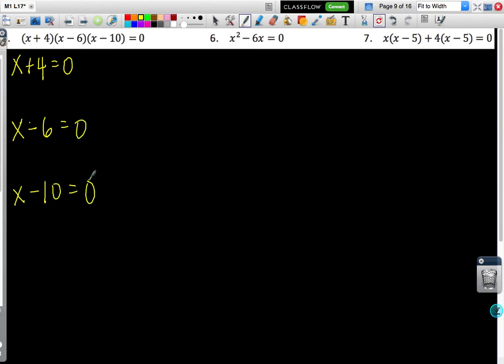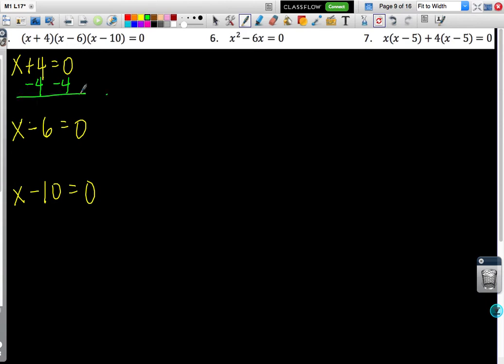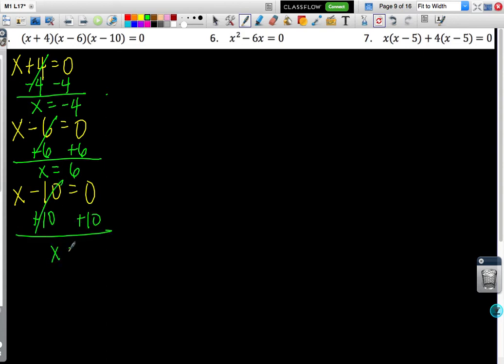So on this one, subtract 4. x would equal -4. On this one, you would add 6. x would equal 6. This one you would add 10. x would equal 10. So your solutions are -4, 6, and 10.